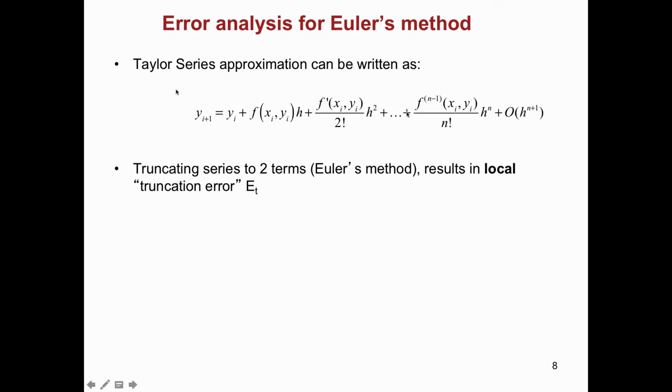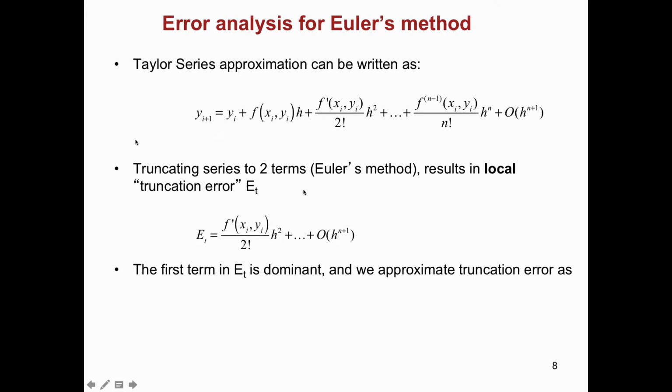So this is my truncation error, okay? And we call that local truncation error because it happens at every point. And then I also know that that's the error that I keep propagating because it accumulates. If I had it at my y1, I'm going to carry it over to computing y2. And at step y2, I'm going to make an error again. Okay? So these things sum up as we go. So this is a truncation error.